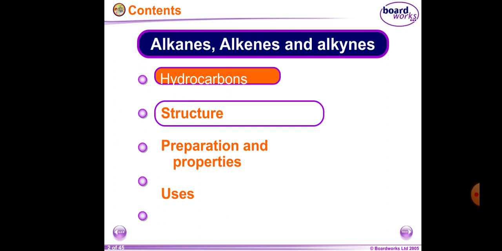The structure also has something to do with giving them their names. We are also going to look at how they are prepared and their properties. For the properties, we have the physical properties and their chemical properties, and finally we shall look at their uses.